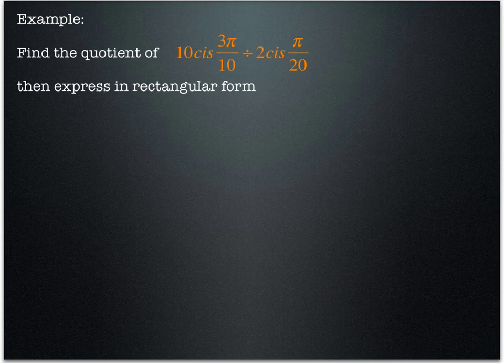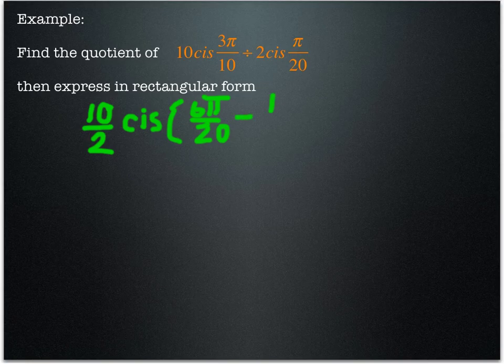So I know that first of all I need to divide the two r values, so 10 divided by 2, and then I know that I have to subtract the angles. Now this is a bit tricky. I like to get common denominators here, so do you see that this will end up to be 6 pi over 20 because I just multiplied by 2 over 2 here. And the reason I did that is because I know I have to subtract pi over 20.